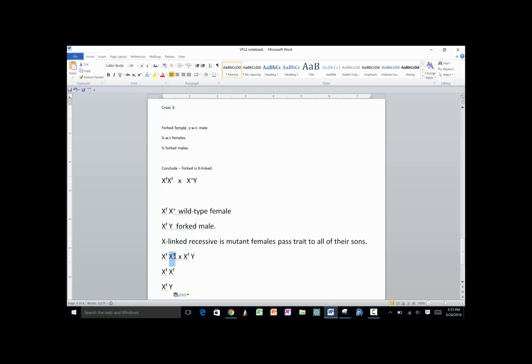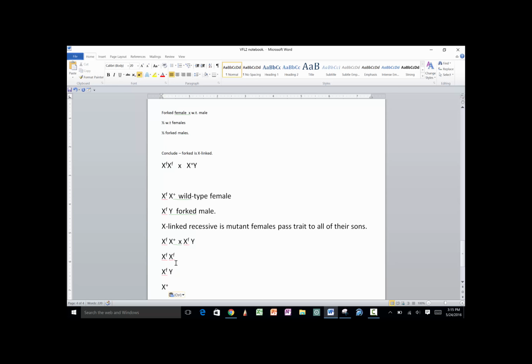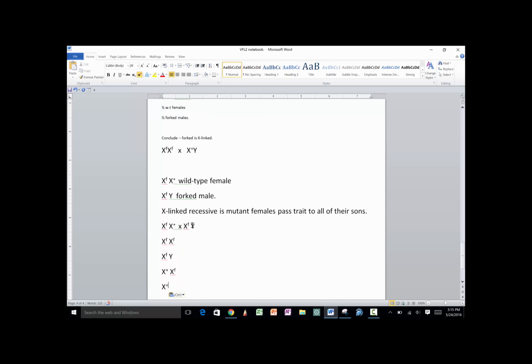Get this X from mom. Feel free to do a Punnett square if you like that better. Get this X from dad. Get this X from mom. Get this Y from dad. And what do we got?